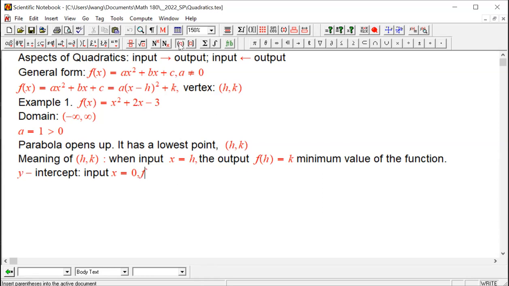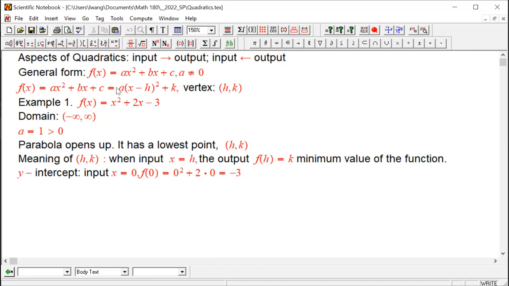So in other words, f of 0, when the input is 0. So we're going to plug in x equals 0, replacing x by 0, and we get an output of -3.